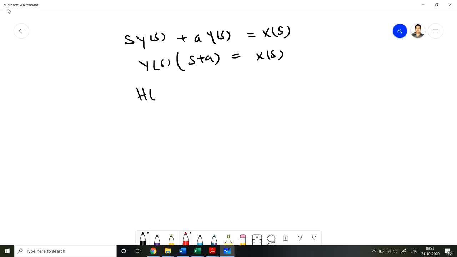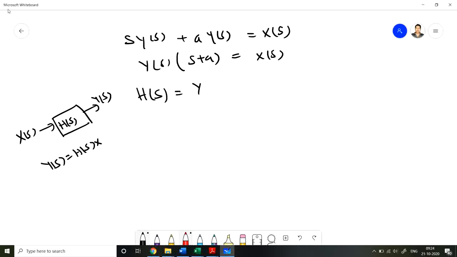And what is the transfer function? The transfer function of the system, if you remember, has input X(s), transfer function H(s), and output Y(s). So Y(s) is H(s) multiplied by X(s), so H(s) is nothing but Y(s) divided by X(s).